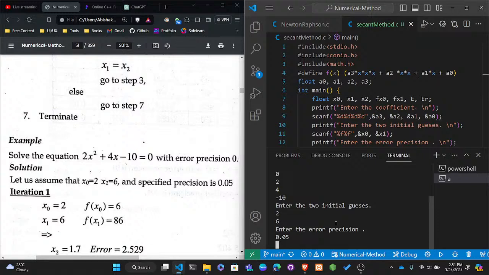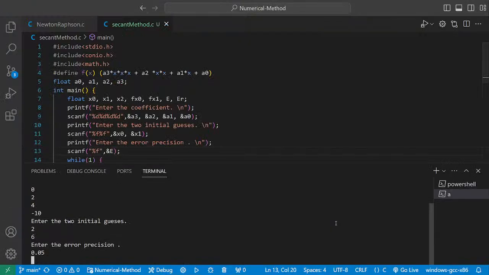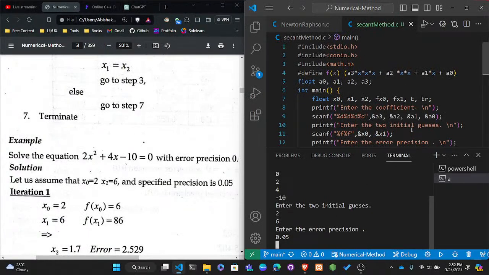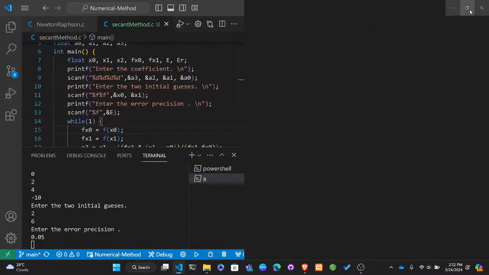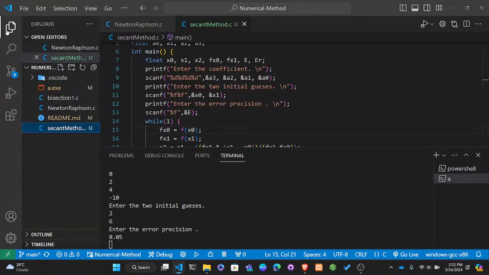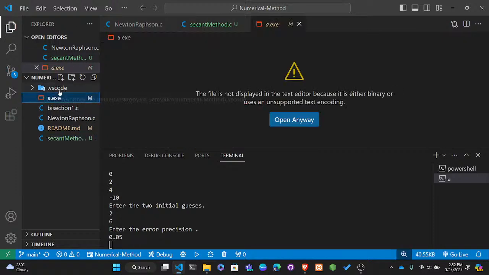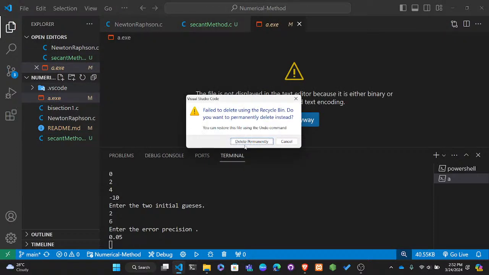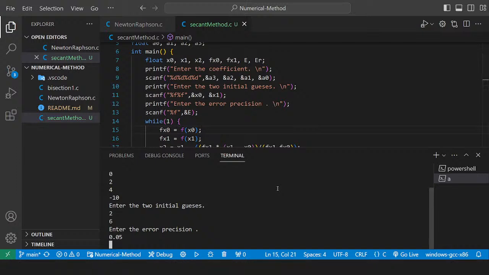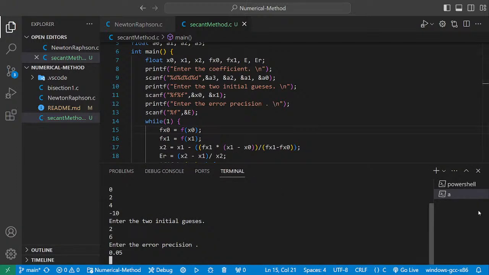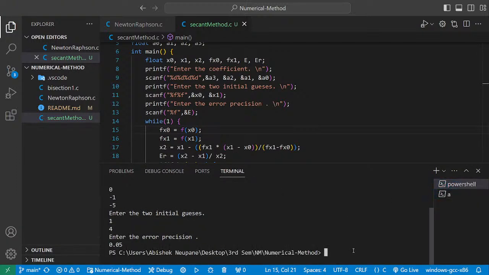I don't know why it took too much time. Still, this is not working. Oh shit. I don't know what is happening here. Let's check again. Let's delete this and try again. Let's go for our GCC secant.